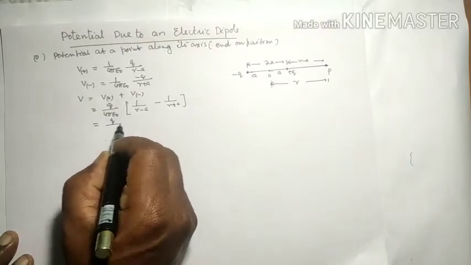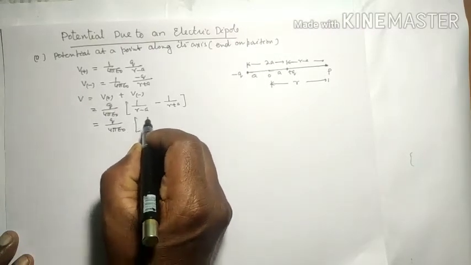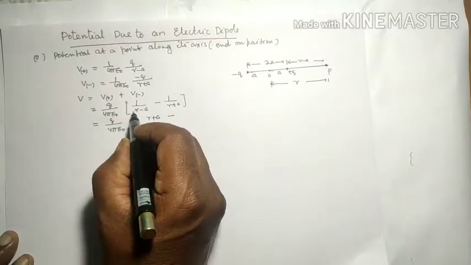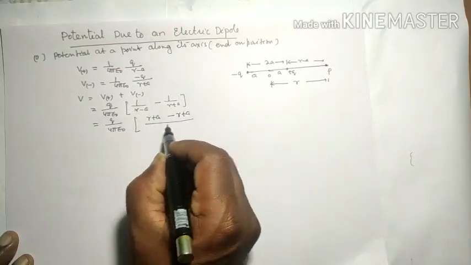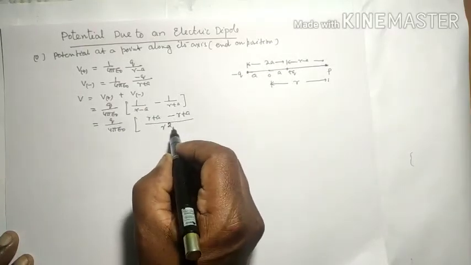We substitute these values, and q by 4 pi epsilon 0 is common. So this is equal to q by 4 pi epsilon 0 into r plus a minus r plus a by r minus a into r plus a, that is r square minus a square.